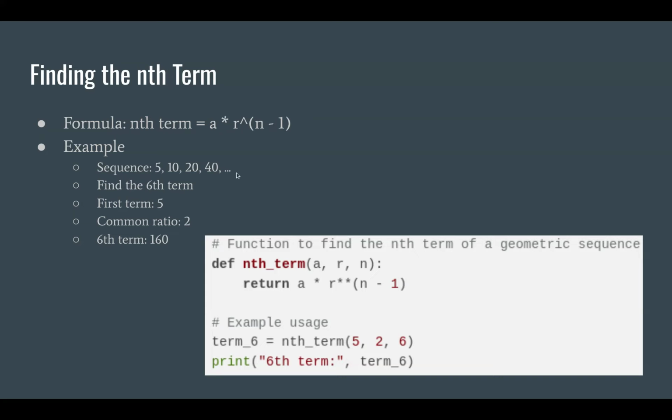The first term here is 5, and the common ratio R is 2. To find the 6th term, we can use the formula and provide 5, 2, and 6 for A, R, and N. And we should have the sixth term as 160.